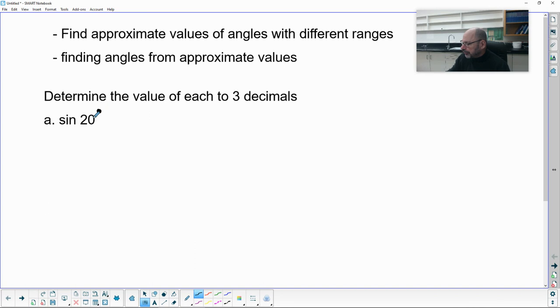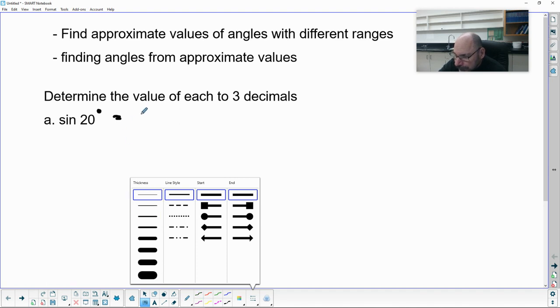Then just use your calculator. If there's a degree symbol, that means it's in degrees, so we use that. You just go on your calculator, sine 20, and get 0.342. Pretty easy to do.